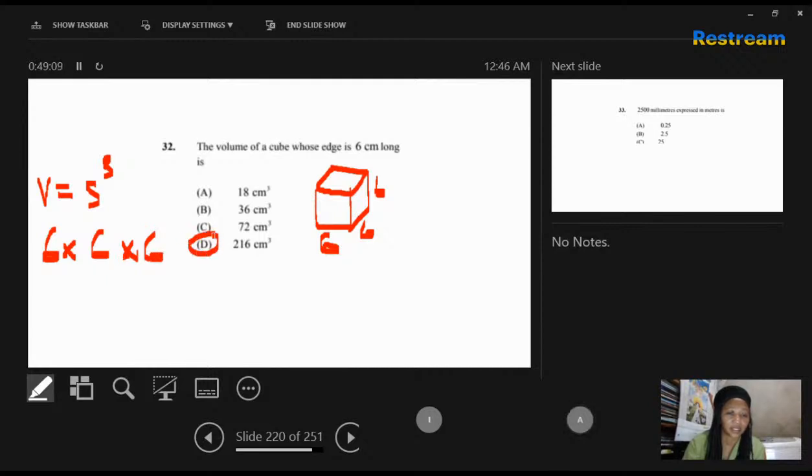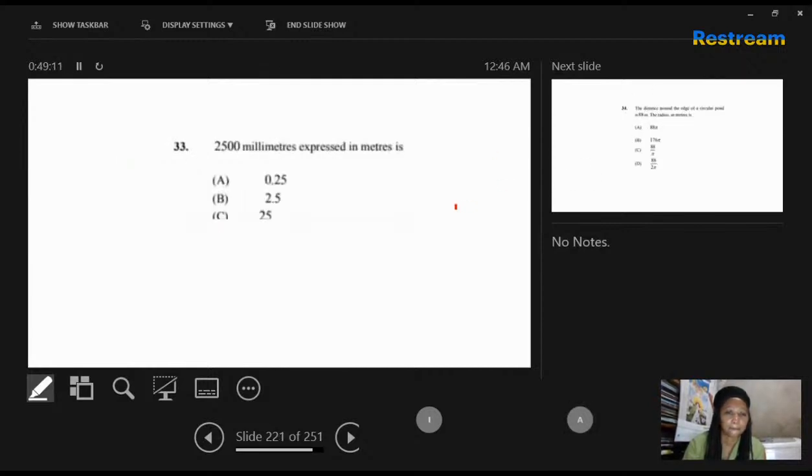All right. Imani. 2,500 millimeters expressed in meters is... Changing millimeters to meters.